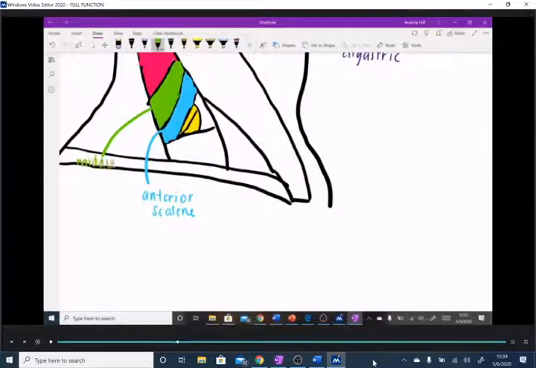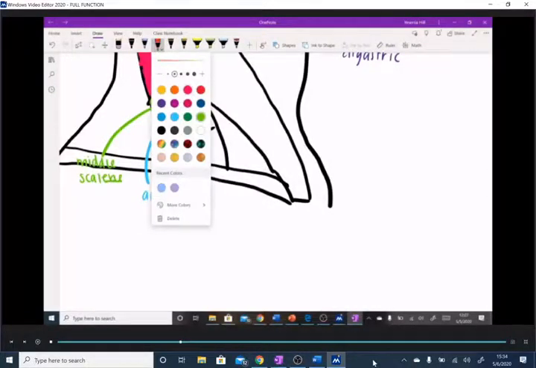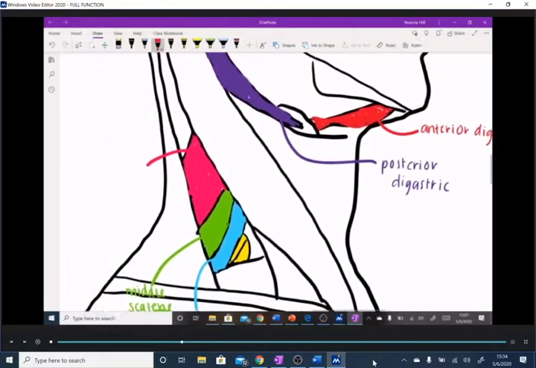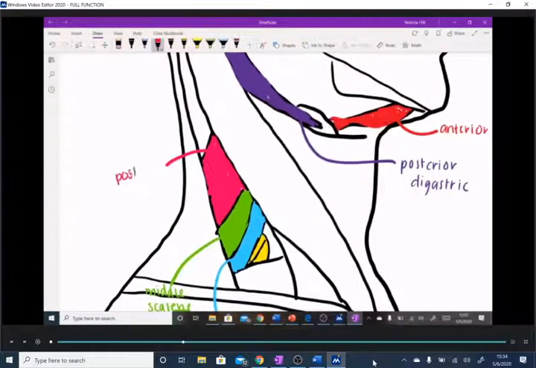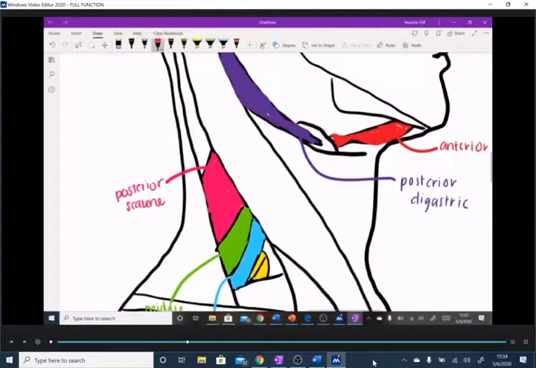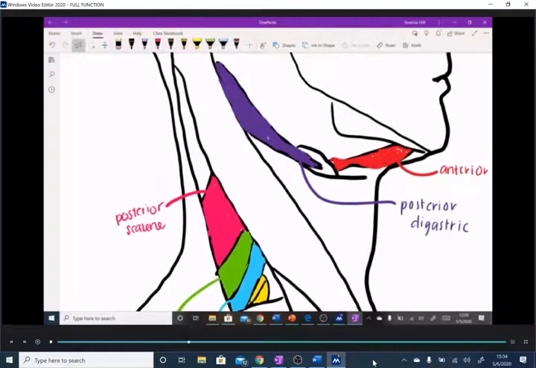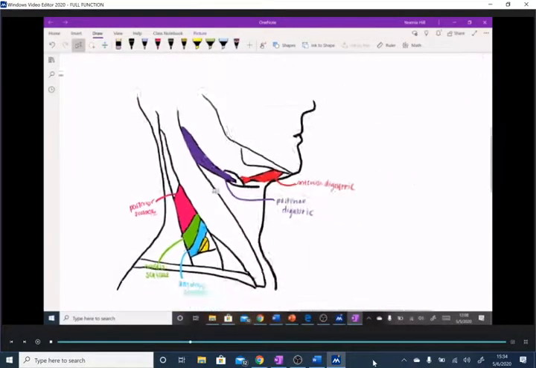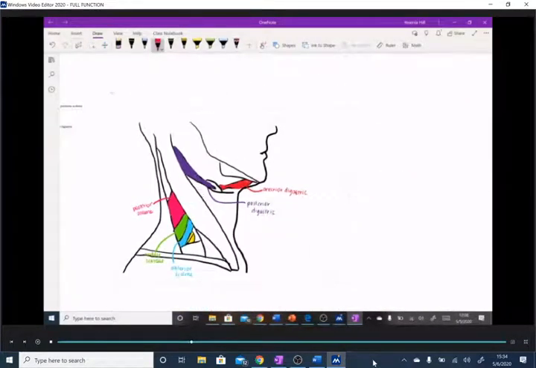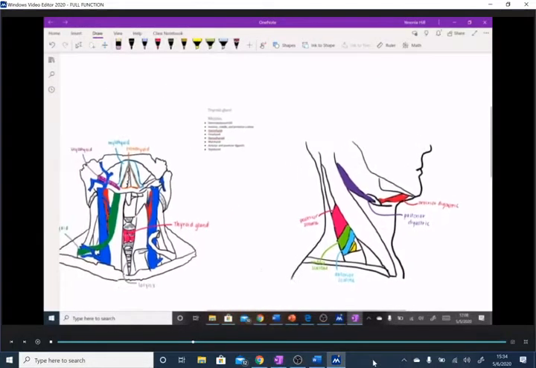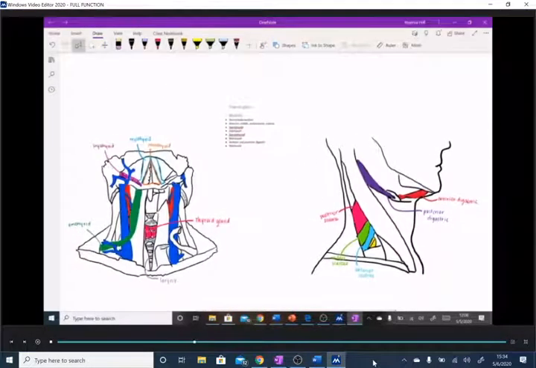And these muscles are in charge of tilting and rotating the neck. And that is the muscles and innervations of the neck.